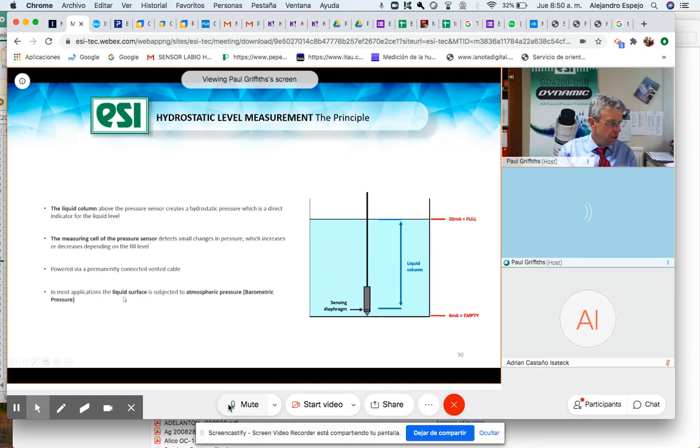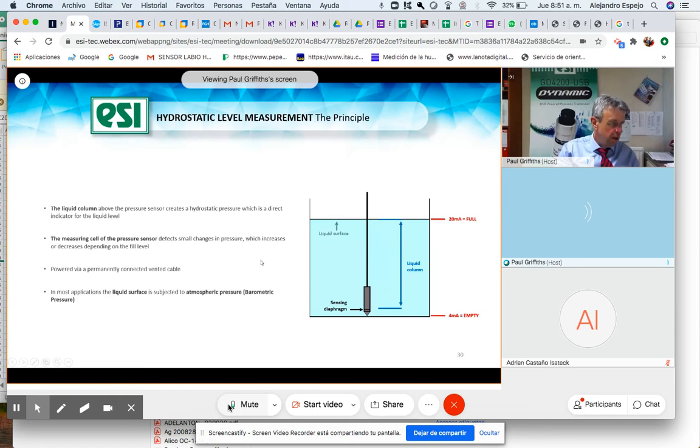So this is an important factor. Of course, you want to measure the column of liquid, this distance of liquid. But the liquid is under atmospheric pressure, so the sensor and the surface of the liquid must be in balance. Otherwise, you get unreliable readings.